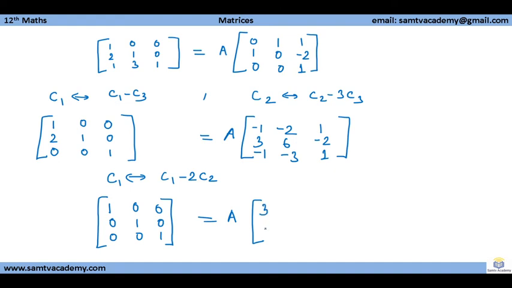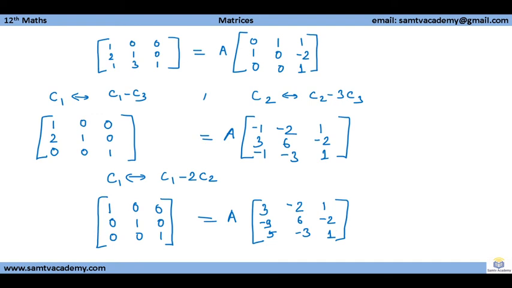Similarly, next step, 3 minus 12, 3 minus 12 is minus 9. Minus 1 minus minus 6, plus 6, so it will become 5. This 2 will remain same. 6 minus 3 and 1 minus 2 and 1. So this is the inverse of A.